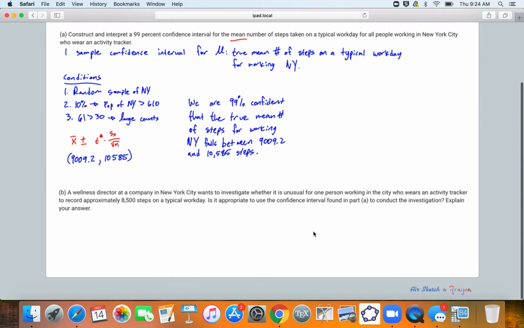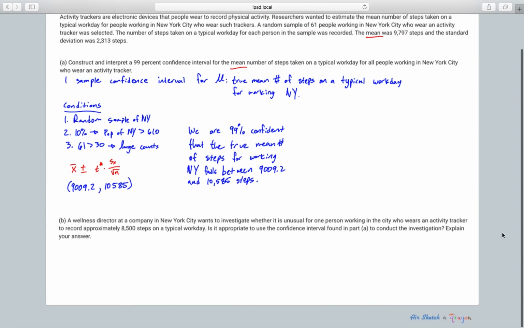So in this case, it might be tempting to say, well, 8,500 is well below this interval of plausible values. But remember, this interval is for plausible values of the mean and does not take into account what the range of possible values could be. This is just an interval estimating the mean number of steps. So the answer there would be no.